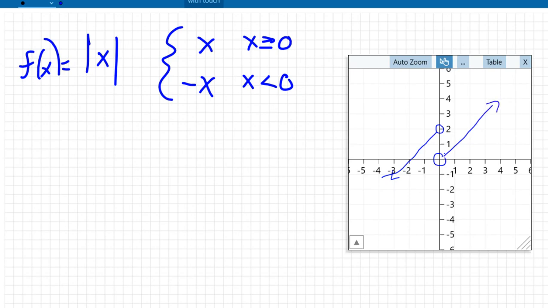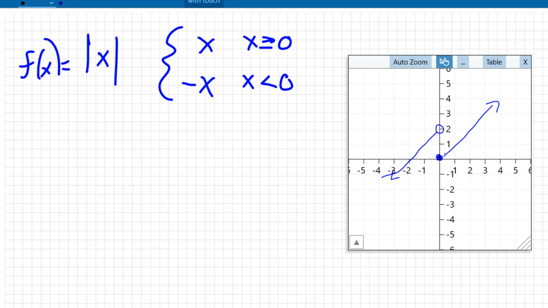So this is a piecewise function where, when x is greater than or equal to 0, the function is actually just x. But when x is less than 0, it looks like it would be x plus 2.